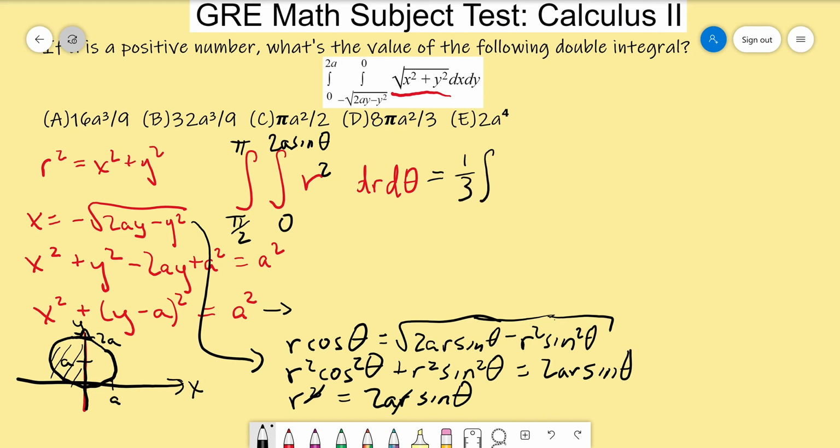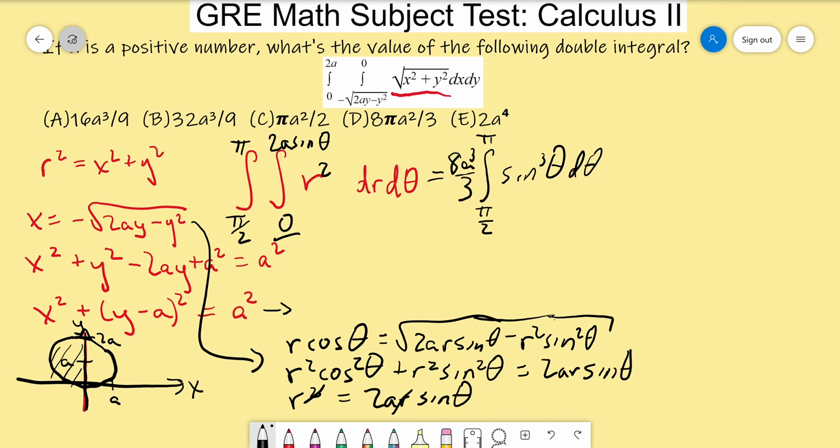I'm integrating theta from pi over 2 to pi, and 1/3 r cubed. So I'm going to substitute now 2a sine theta for r. So I'm going to get 8a cubed sine cubed theta. I'm going to pull the 8a cubed out because it's a constant, and I end up with just sine cubed theta d theta. The 0 just cancels out because sine of 0 is 0. So this is my integral.